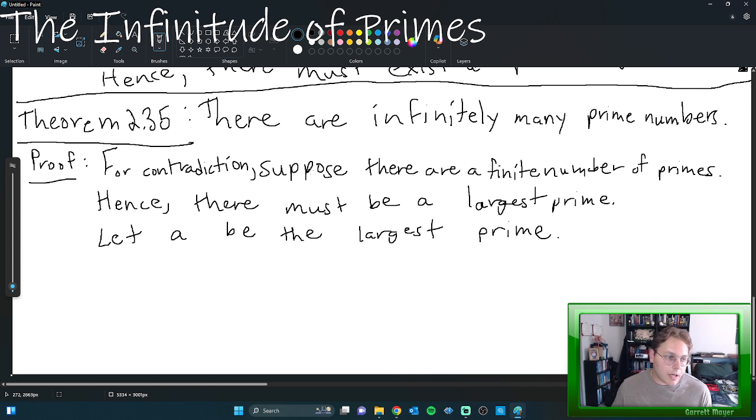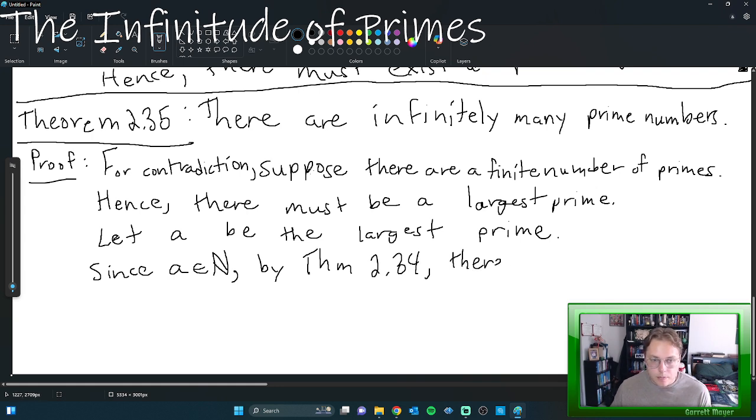Note that primes are natural numbers. So since A is a natural number, by theorem 2.34, there must be a prime larger than A. So A is not the largest prime.